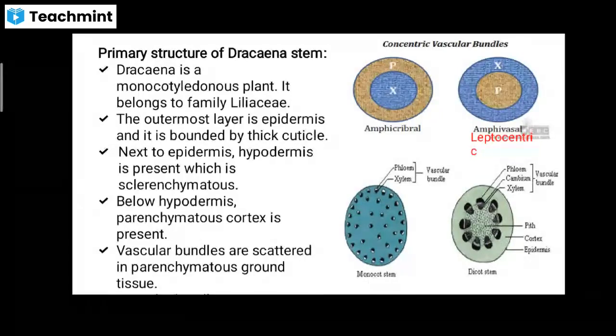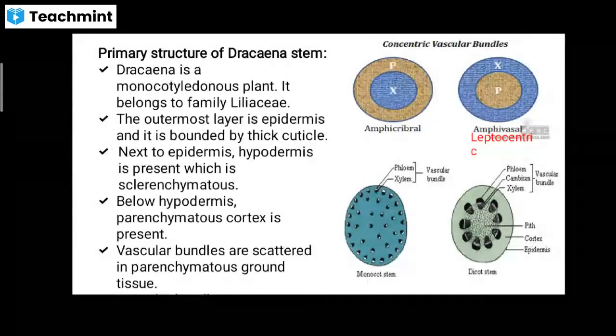Then there are the vascular bundles, scattered in the parenchymatous ground tissue. So you can see the difference between monocot stem and dicot stem.